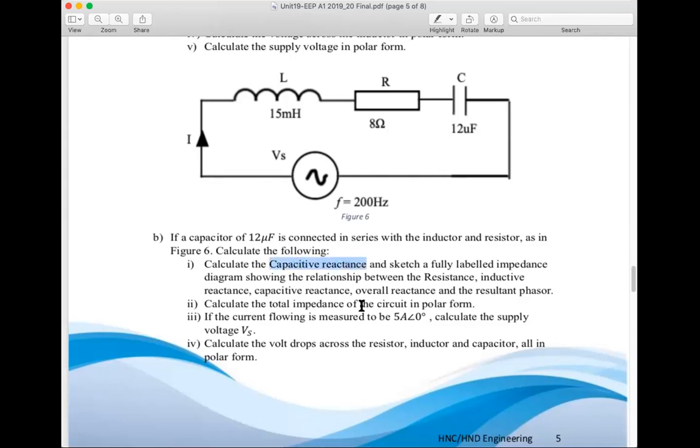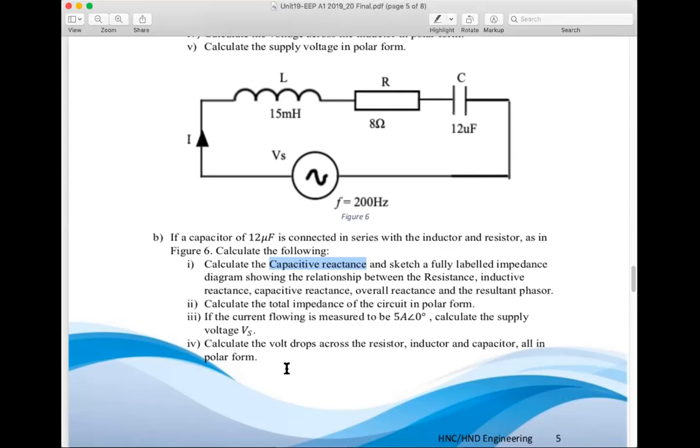What's the name of the notes we had for that one? Same notes. Week 5, capacitors and inductors in AC circuits.